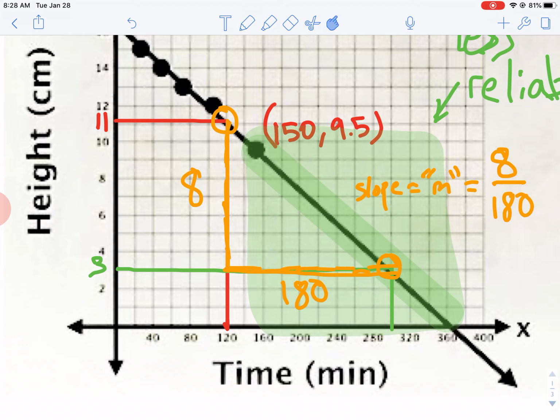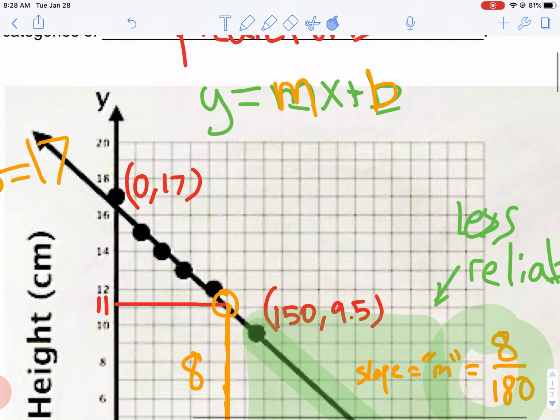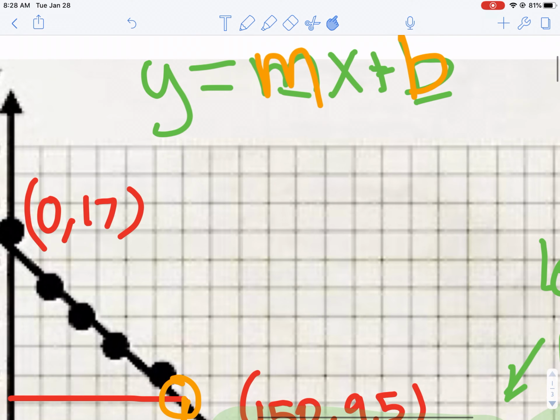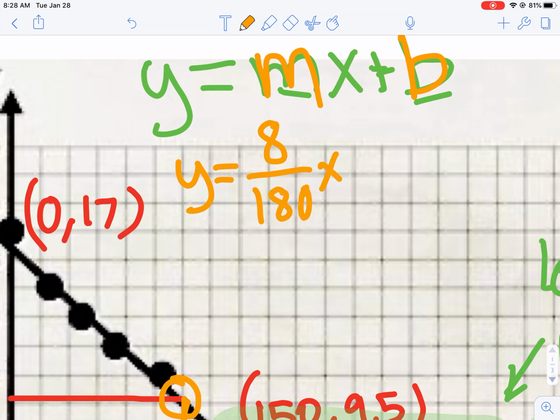So we have the value for m, and we have the value for b, and so we can rewrite our linear expression. I'm going to rewrite it right below. y equals 8 over 180x plus 17. So that is a nice little linear equation.